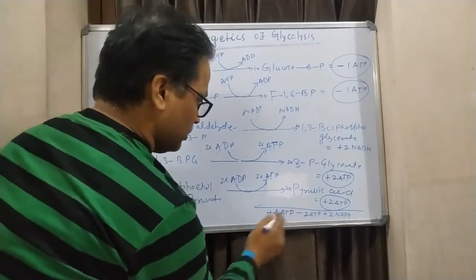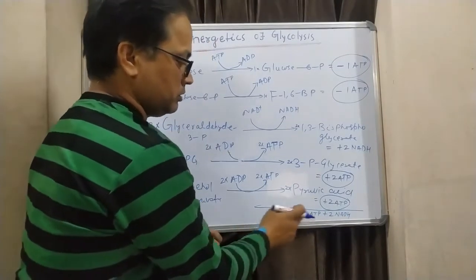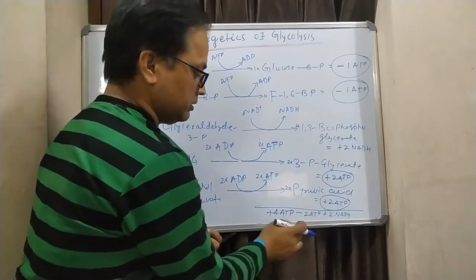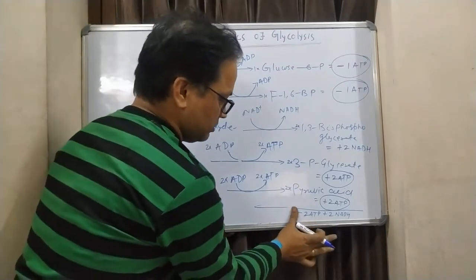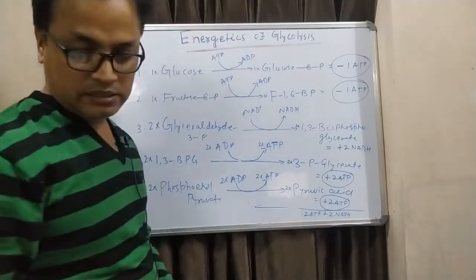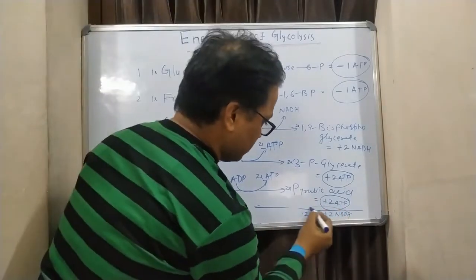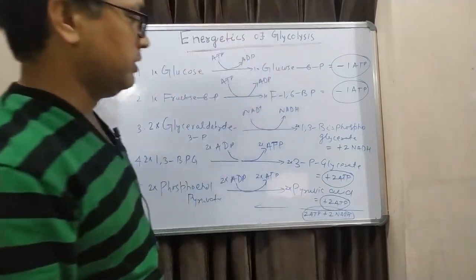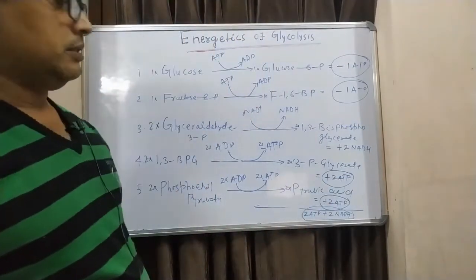So the overall gain was 2 molecules of ATP and 2 molecules of NADH. This is our final gain from glycolysis.